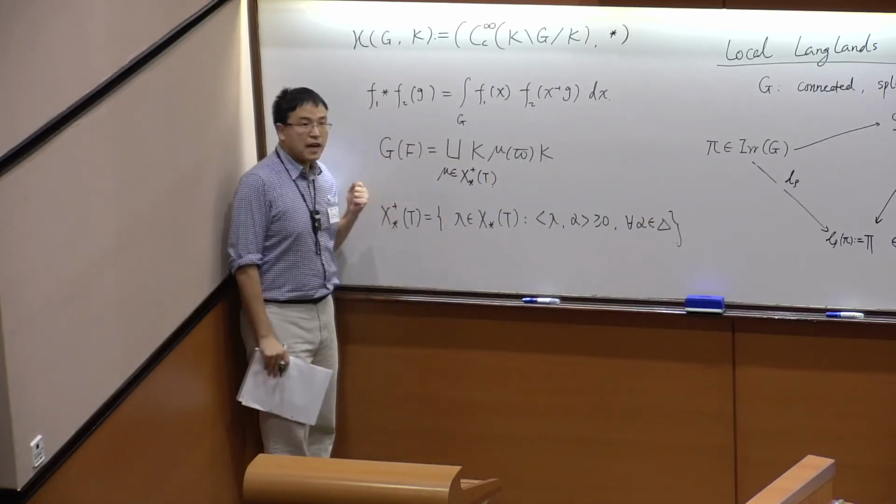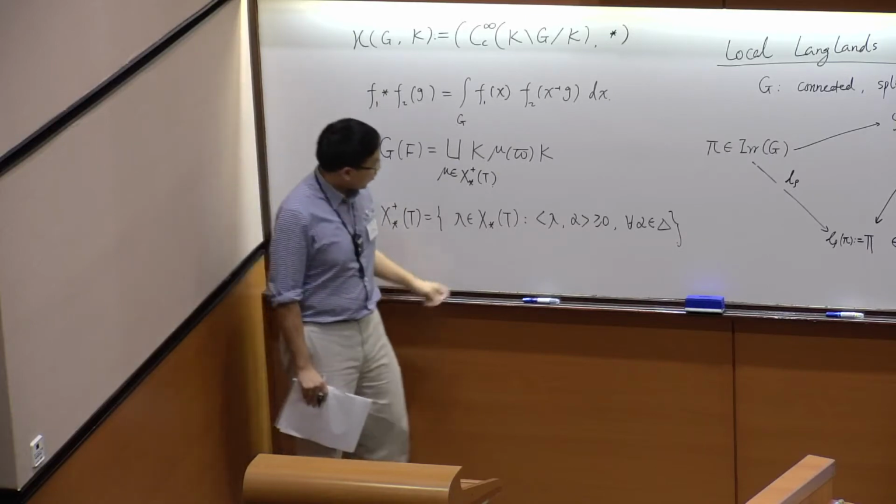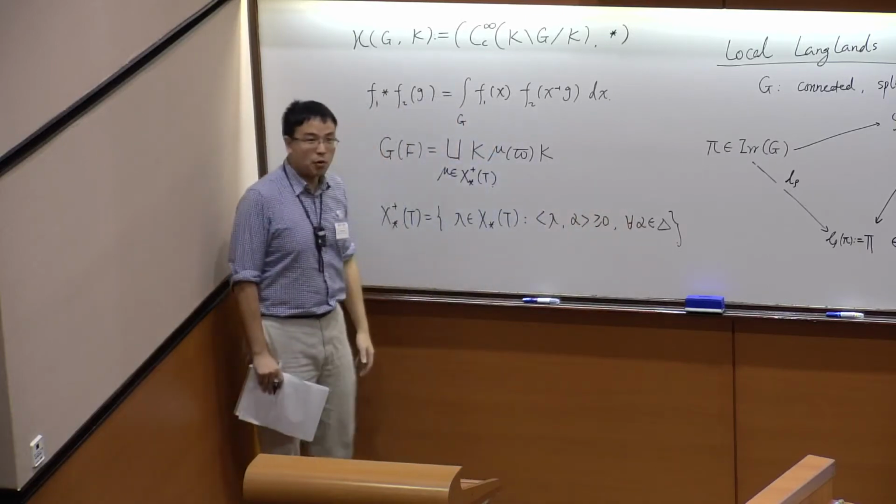So we have this Cartan decomposition, and Delta, of course, is the set of the simple roots.